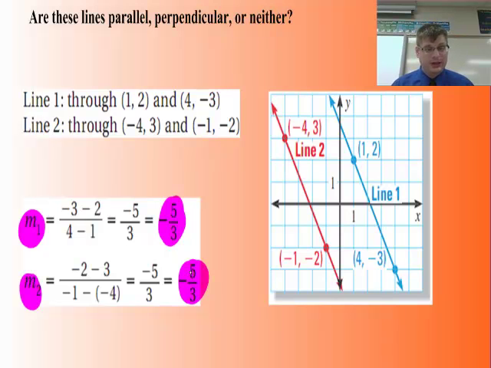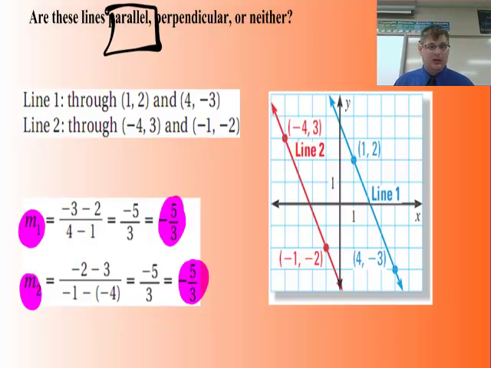You could have two sets of points that have the same slope and the same y-intercept, in which case it would be the same line. In this case, if we were to graph it out, we would see that they have different y-intercepts. So it's safe to say that these are parallel lines.